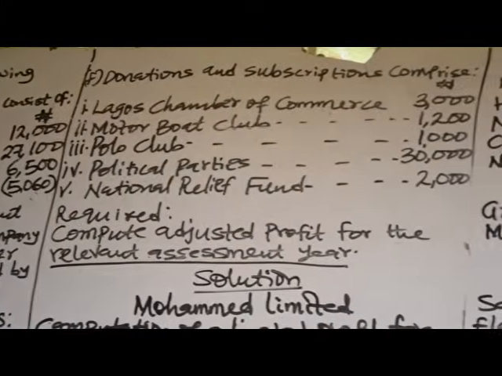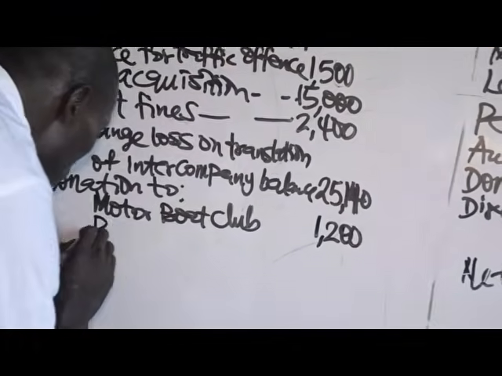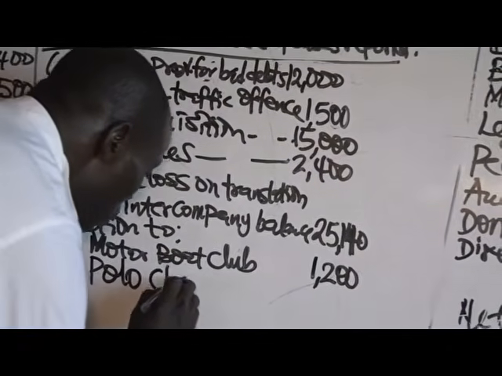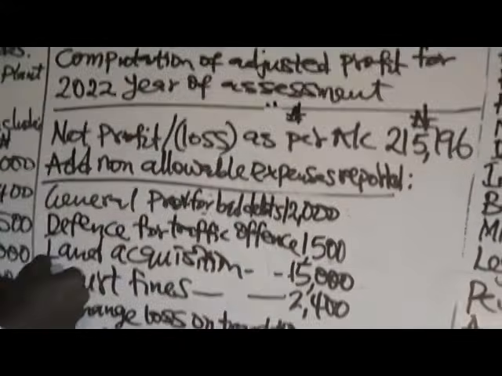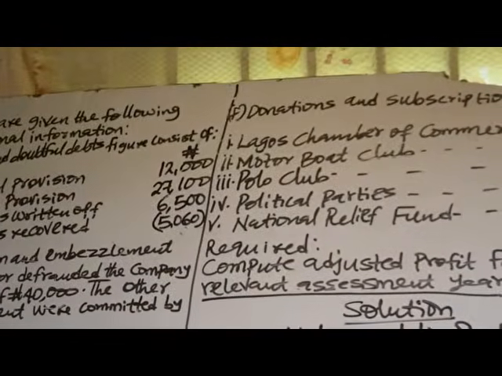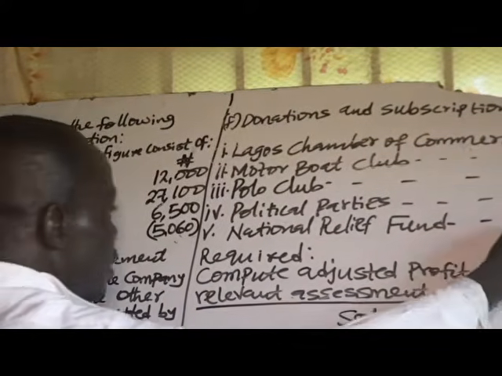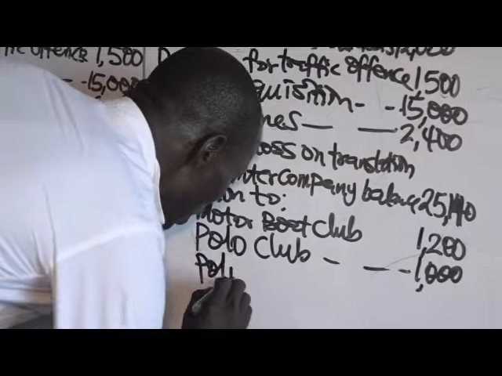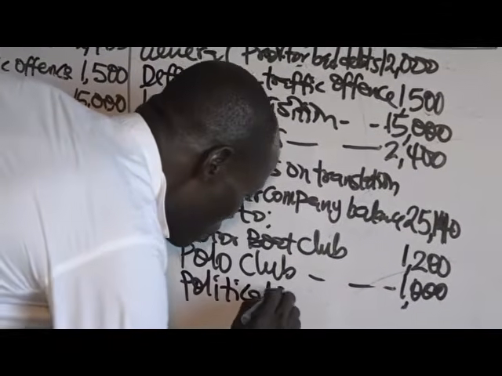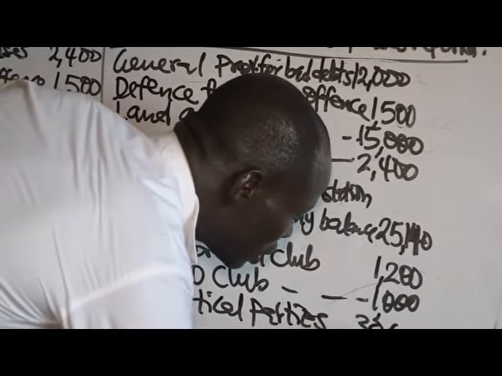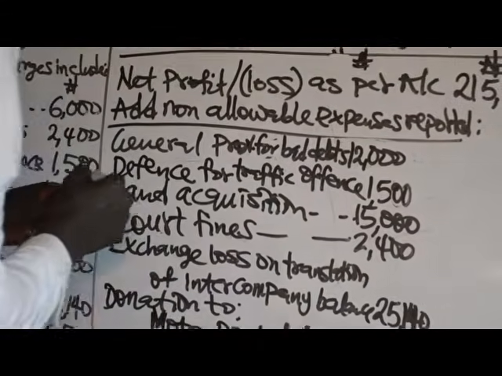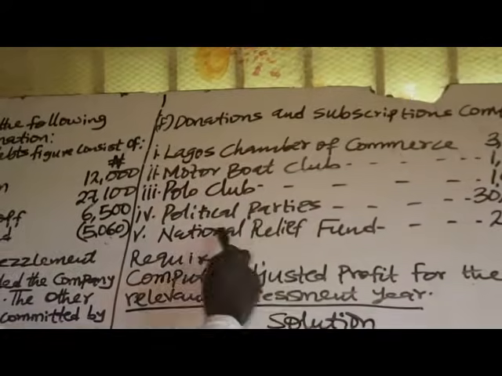That amounted to 1,000. Donation to Polo Club of 1,000. Then donation to political parties. That is 30,000. Political parties.